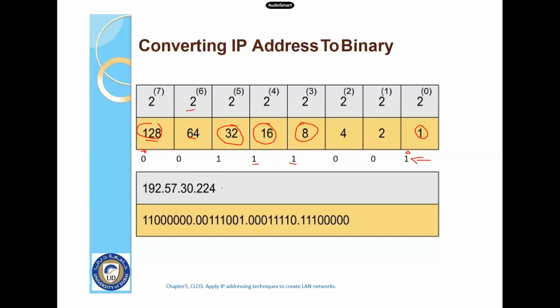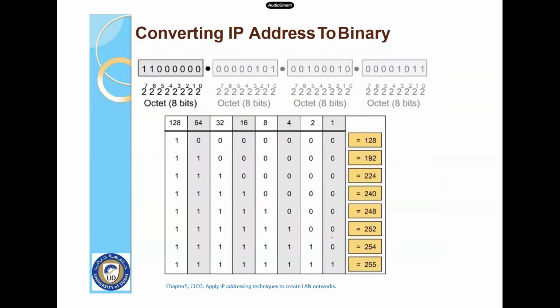For example, this IP address here is actually this value: 192 is the equivalent of 192, 57 is the equivalent of 57 in binary, 30, and so on. I will not go into a lot of detail here. I will assume that you know how to convert from binary to decimal and vice versa.